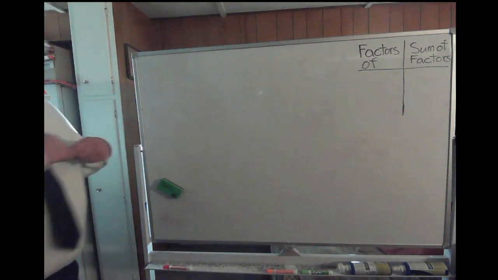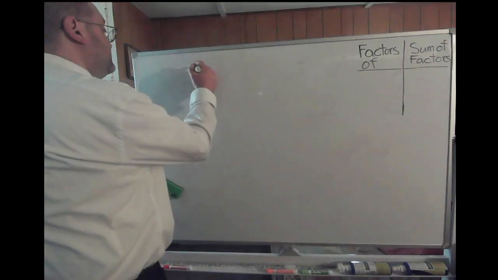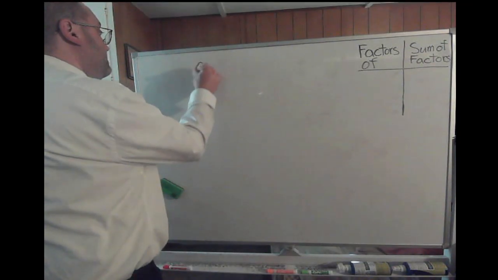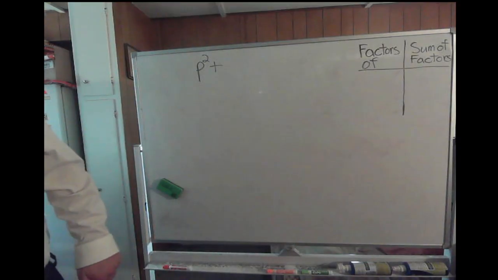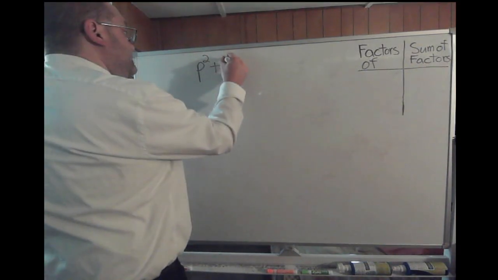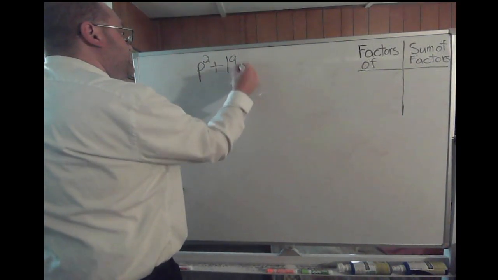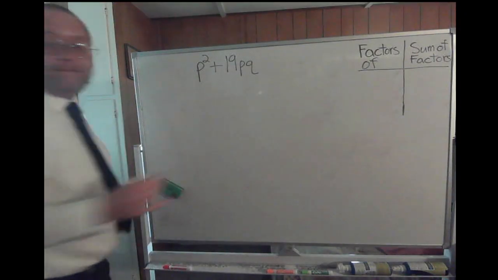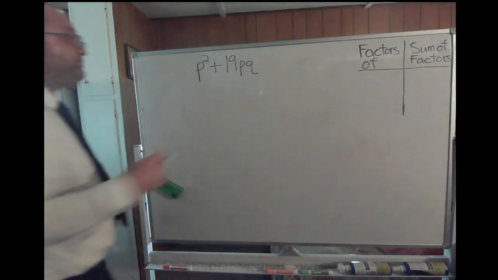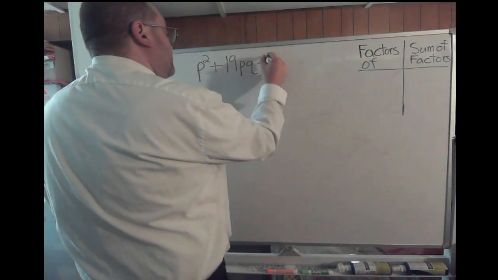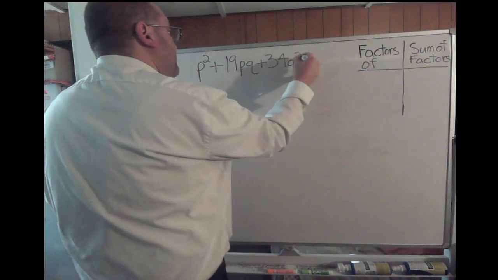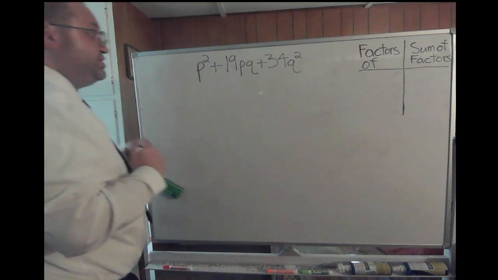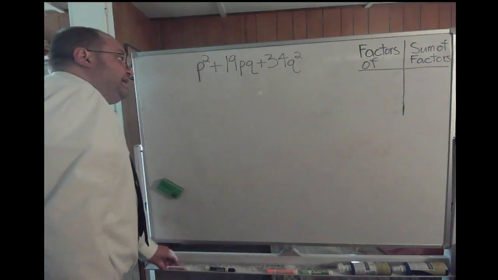Now, let's move on to something different. Let's say we had p squared plus 19PQ plus 34 Q squared. Well, all of a sudden we got two variables. Well, that's okay.